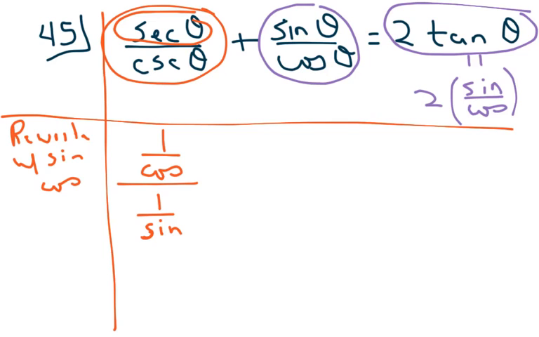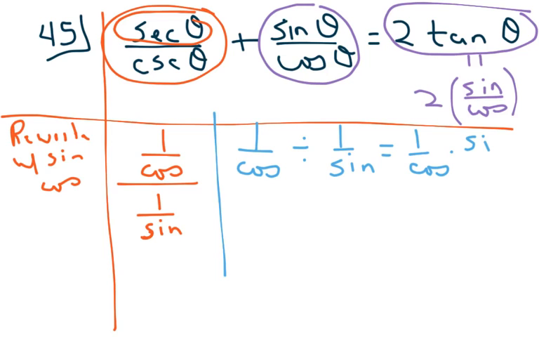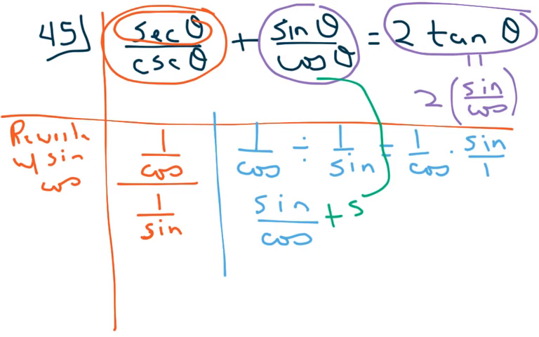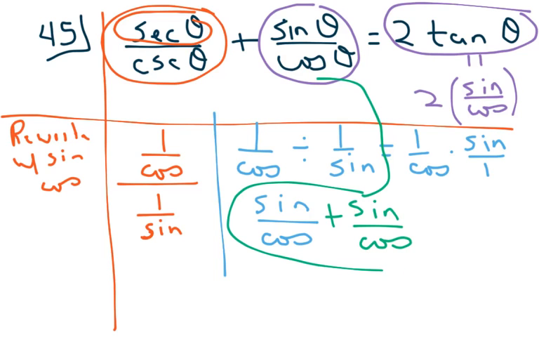And if I do my little 4th grade math here, this 1 over cosine divided by 1 over sine is the same as saying 1 over cosine times sine over 1, which gives me sine over cosine. Now I'm going to bring this one down, so that's plus sine over cosine. I have 2 of these, so I'm just going to write it as 2 times sine over cosine.